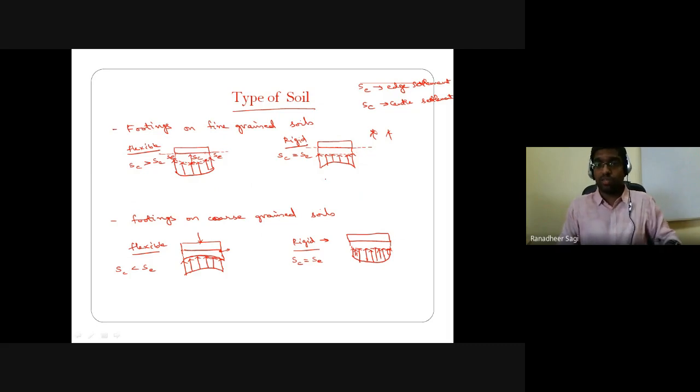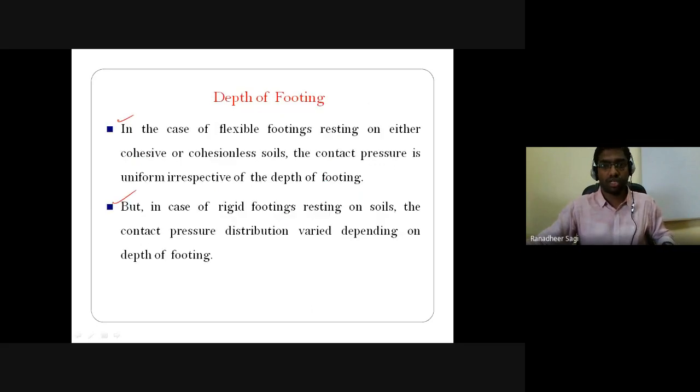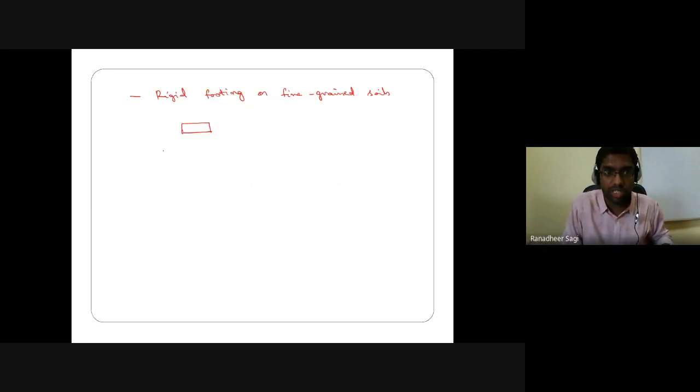The contact pressure was maximum at the edge of your rigid footing and minimum at the center of your rigid footing. The same thing I am plotting here again: maximum at the edge and minimum at the center. So this is how your contact pressure distribution diagram is in the case of your rigid footing resting on fine grained soil.